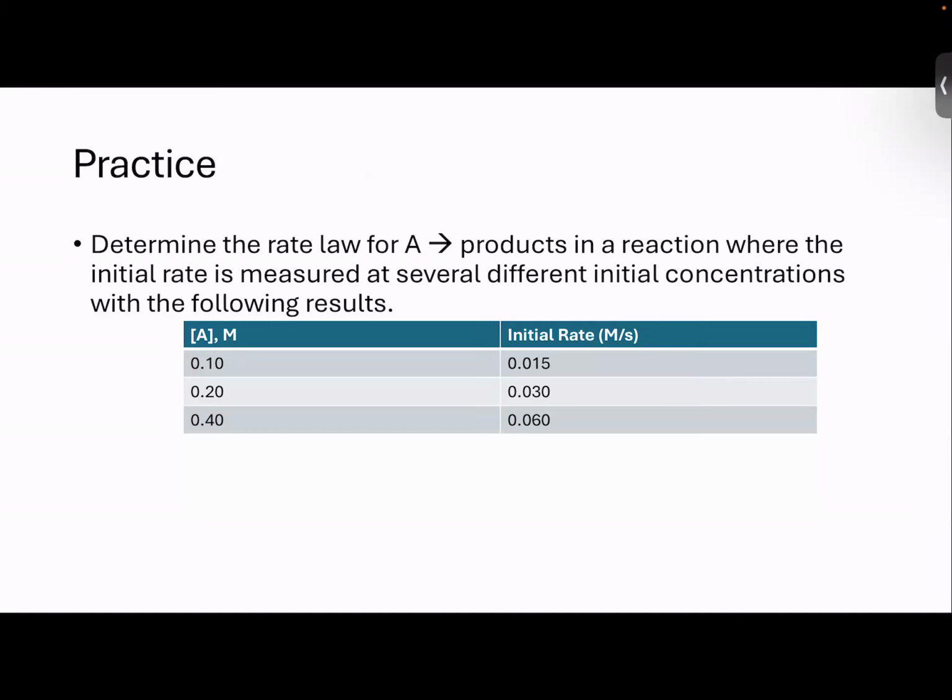We're going to call this experiment 1, experiment 2, and experiment 3. The generic rate law for this is going to be rate is equal to the rate constant times the reactant raised to an order.